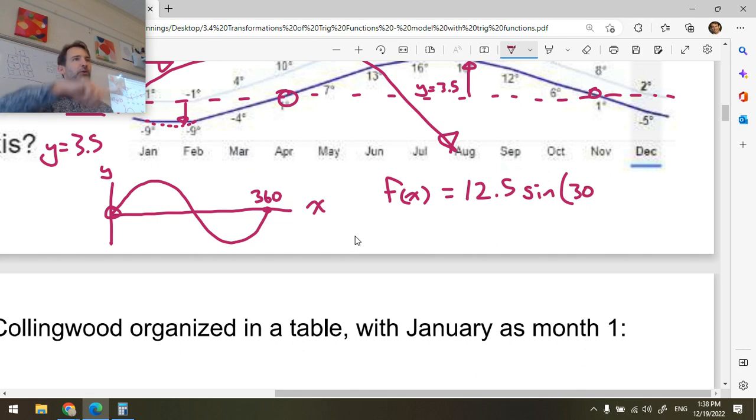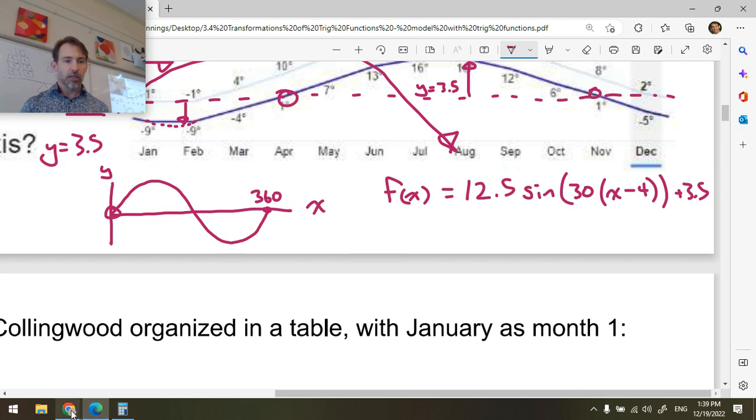That ensures we get a period of 12 months. 30 times x minus 4, because we calculated +4 for D, but D is a sign flipper. So put it in with the sign flipped. And then our C value was +3.5. And how do you know that? Because of the equation of the axis. So that would be the function that we could extract from that graph visually.